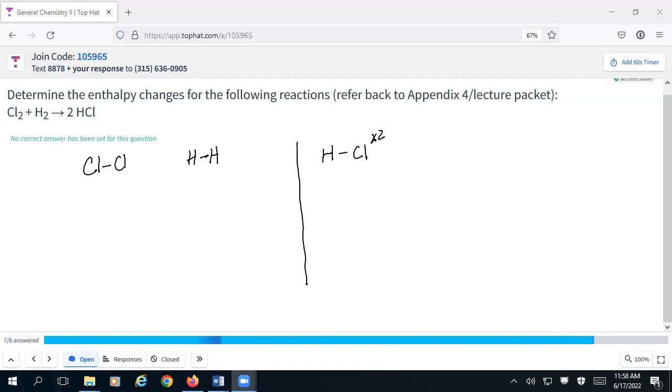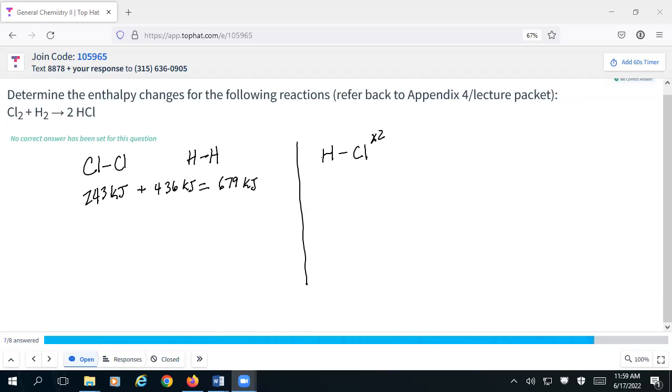So on one side, you had the chlorine-chlorine single bond, which has a bond enthalpy of 243 kilojoules. And you had a hydrogen to hydrogen single bond, the enthalpy for that is 436 kilojoules. So I put those together. Total energy to break the bonds would have been 679 kilojoules.